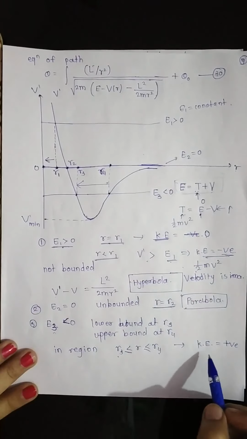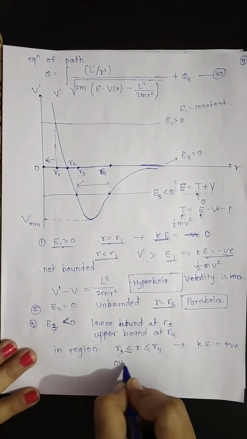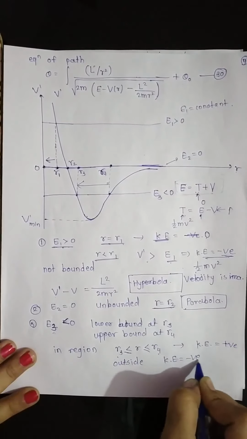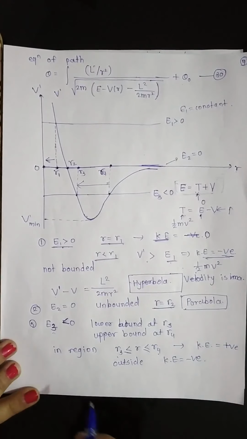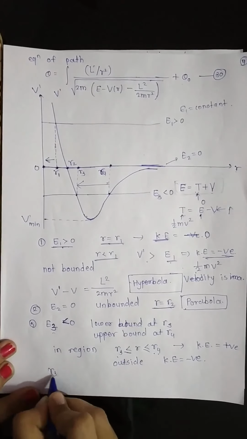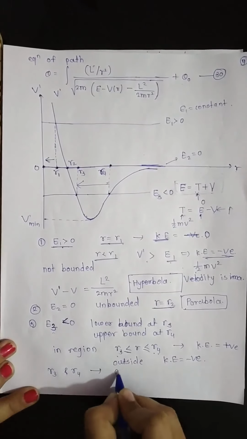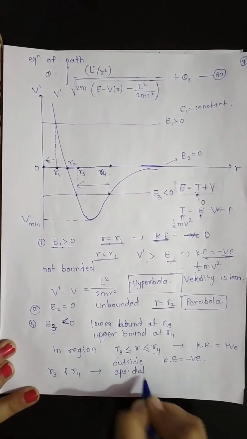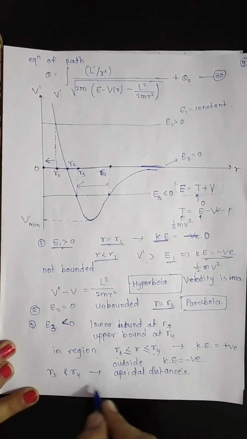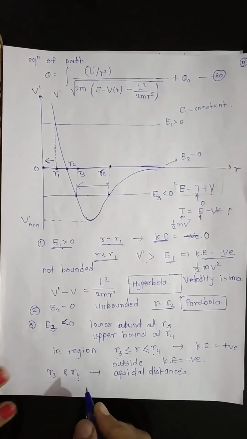That is, in this region our kinetic energy will be positive, and outside the region kinetic energy will be negative. Thus the orbit will be bounded with R3 less than R less than or equal to R4 for total energy E3. Now these two turning points R3 and R4 are called apsidal distances. This is the nomenclature of the turning points R3 and R4.